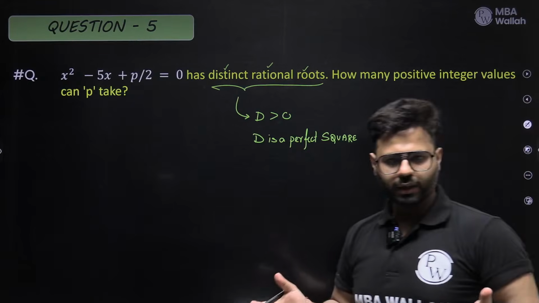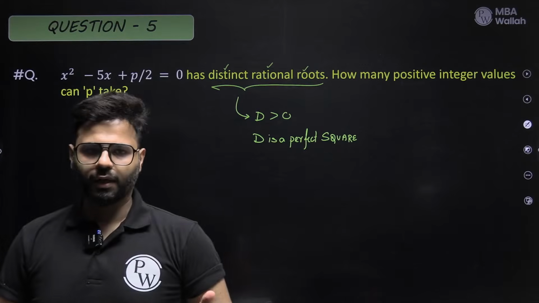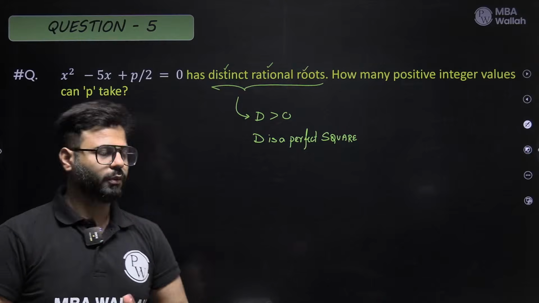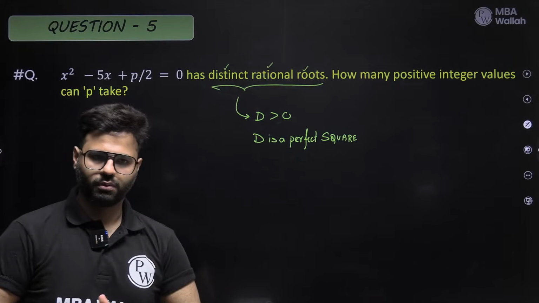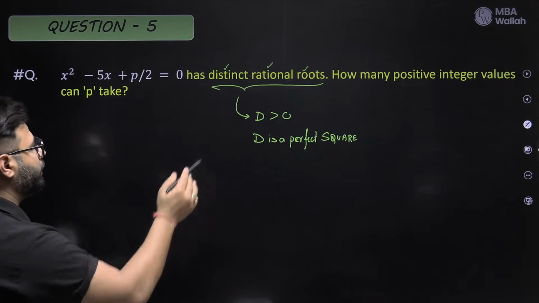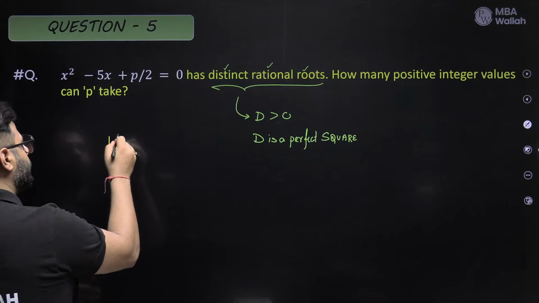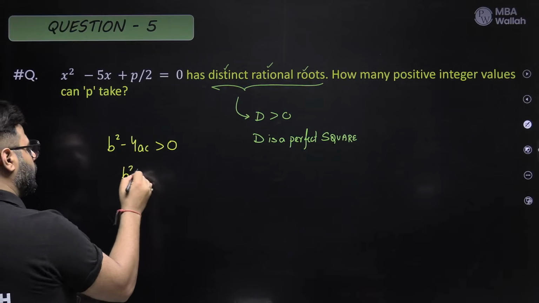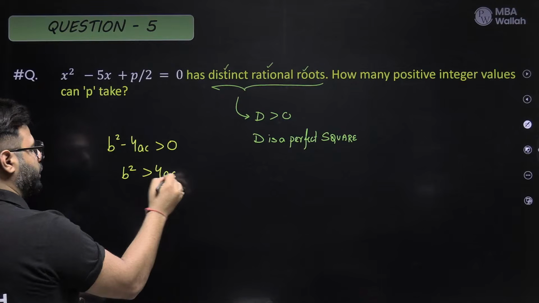Does everybody agree with these two? That D has to be a greater than 0 guy, otherwise I'm not going to get the roots. It has to be a perfect square guy, otherwise I'll never get rational roots. So let's first figure out D greater than 0. That means B square minus 4AC greater than 0, or B square greater than 4AC.